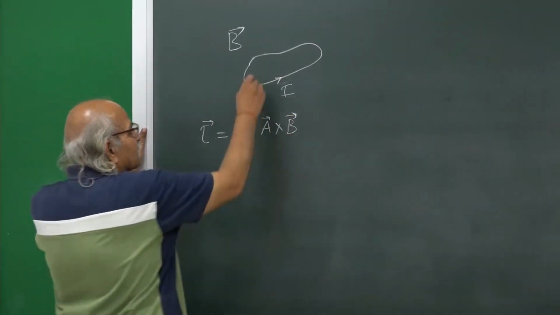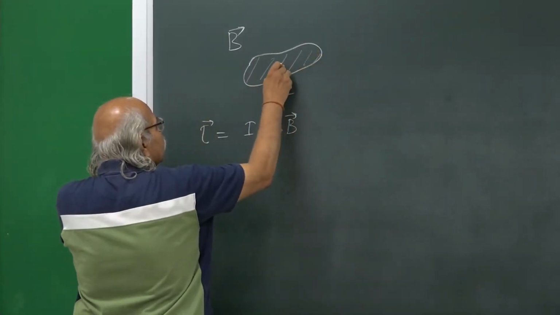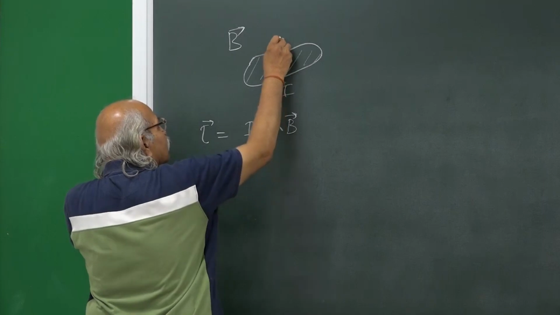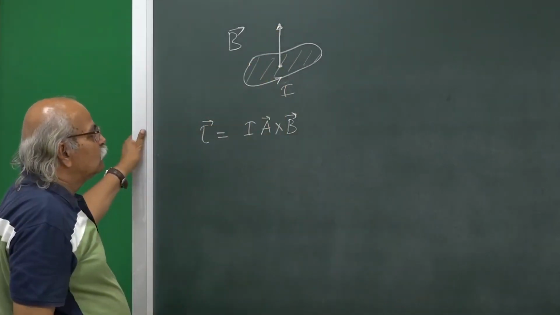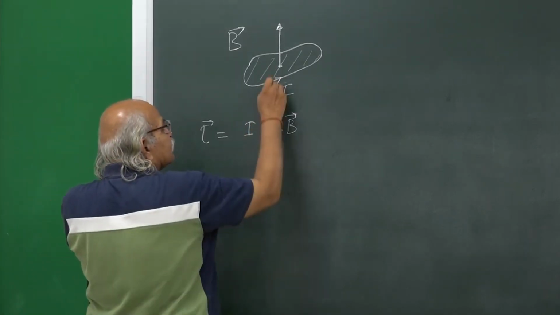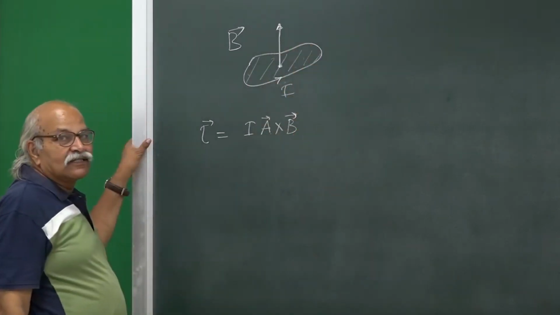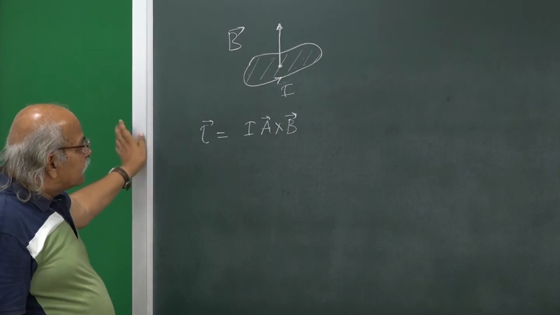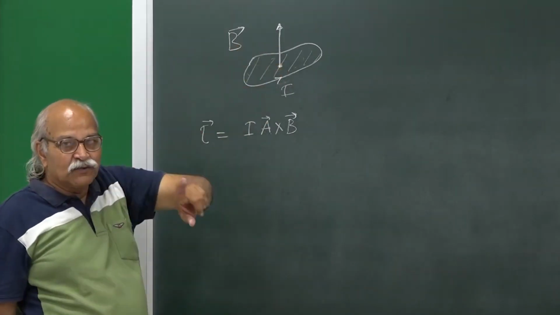If it is a plane loop, for example, then you take the direction perpendicular to the plane of the loop, and the magnitude of this area vector is the actual area, in length squared.